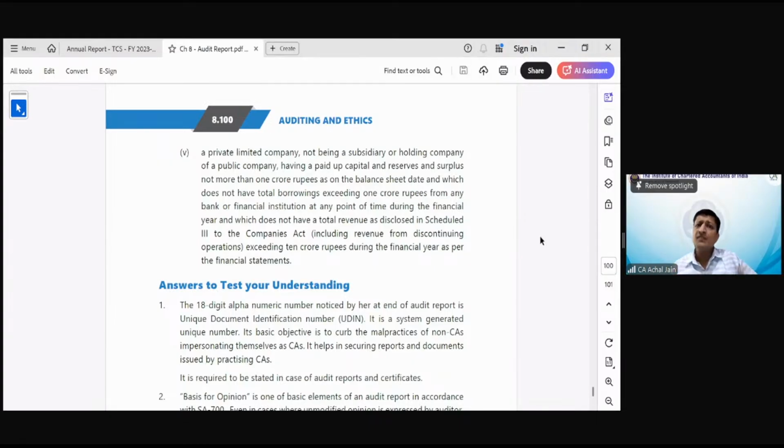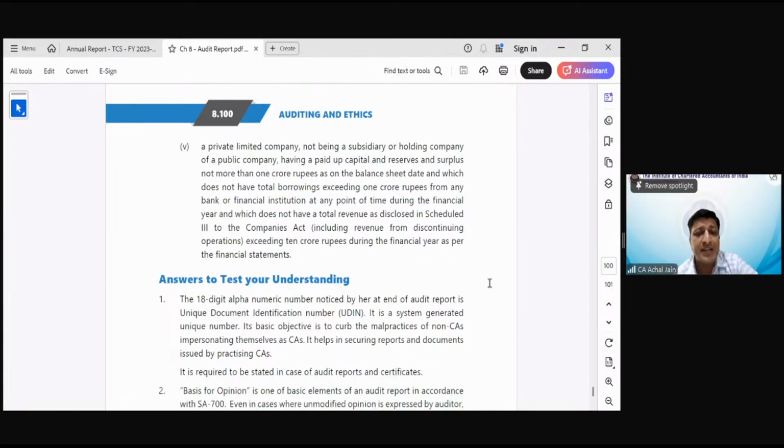So they were signing the financial statements, they were signing the audit reports, without the knowledge of the client or the company. So how do you stop that? That's where this practice was introduced. Because if this can't be generated by them anymore, anything that they sign is invalid. That's of no use. It helps in securing the reports and the documents issued by practicing CAs.